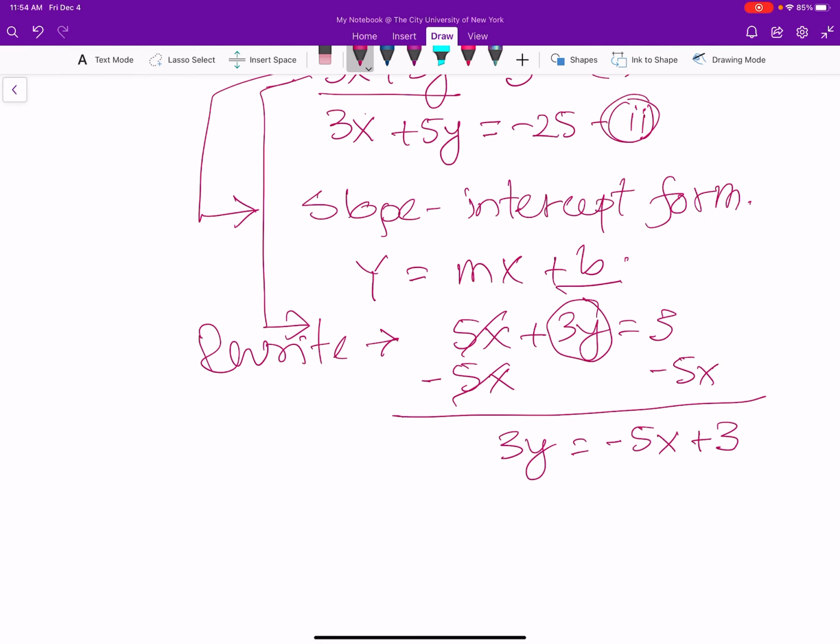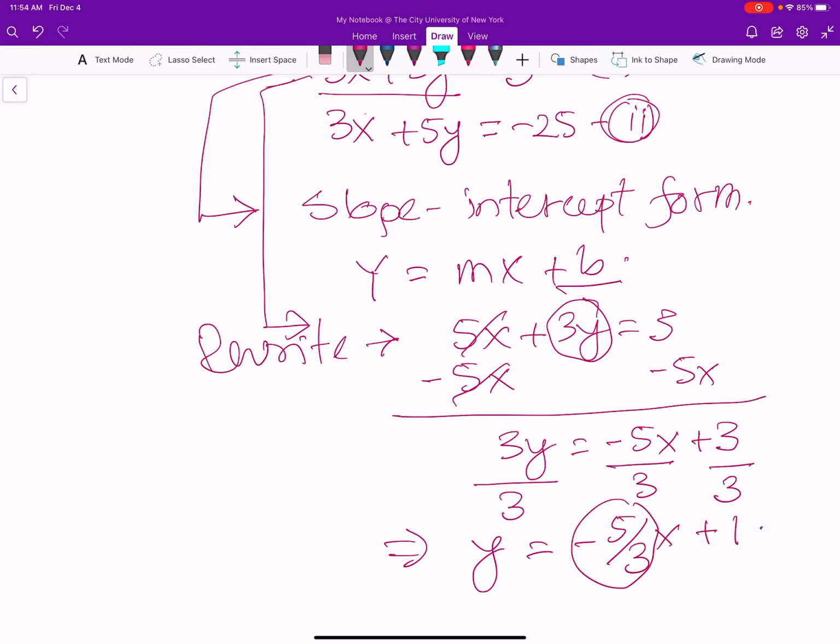Still we are not done. We need to get this y free, so divide both sides by 3, every element. You get y equals negative 5 over 3 x plus 1. So your m1 is negative 5 by 3.